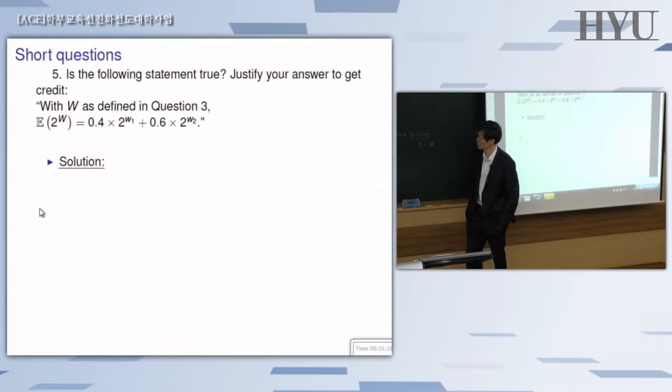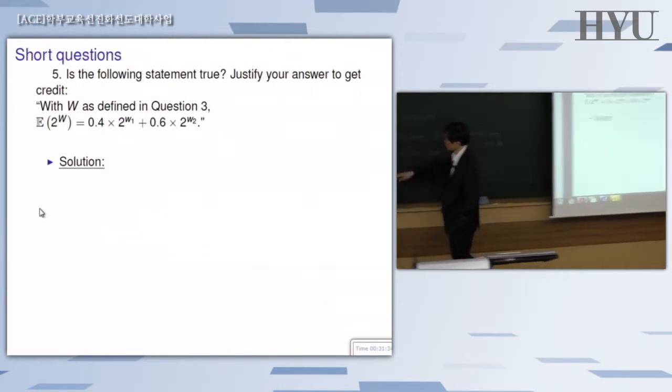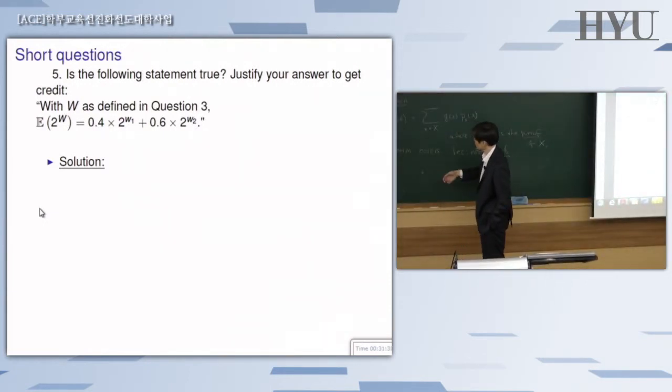So the statement says if you want to compute the expected value of some function of x, you don't have to get the PDF of this function of x. You still get to use the PDF of x because of this proposition. And that's exactly the application of this statement on the board. So 0.4 and 0.6 is the probability mass function of w, not the PMF of this e to the w. It's still good to use because of this proposition.